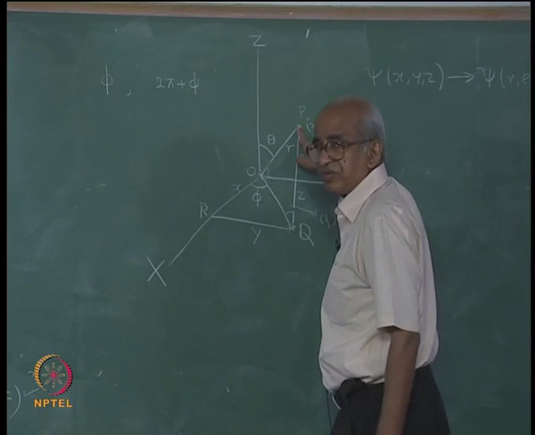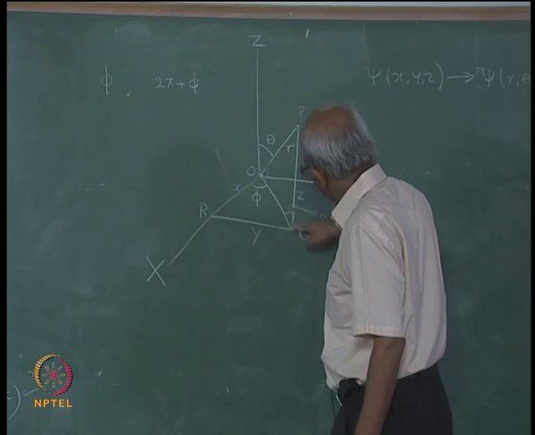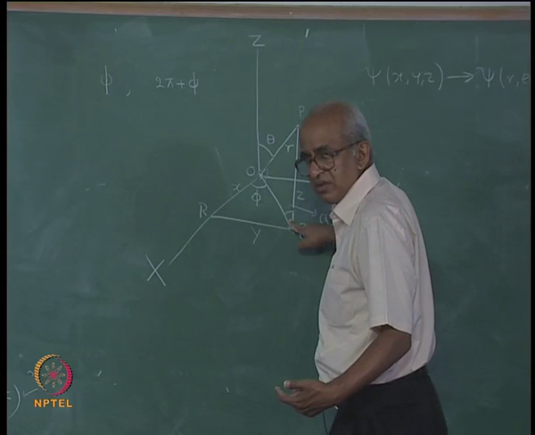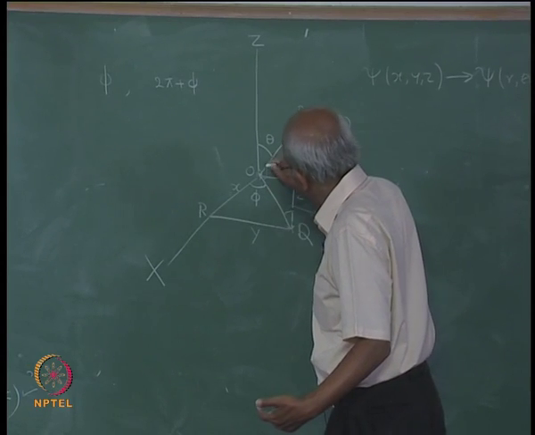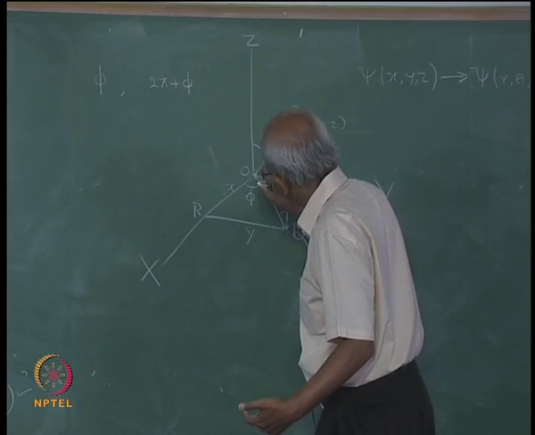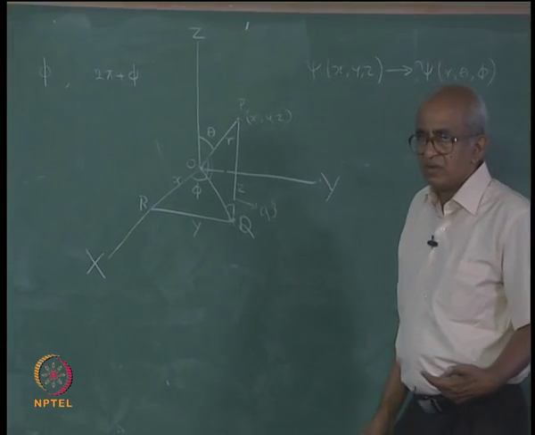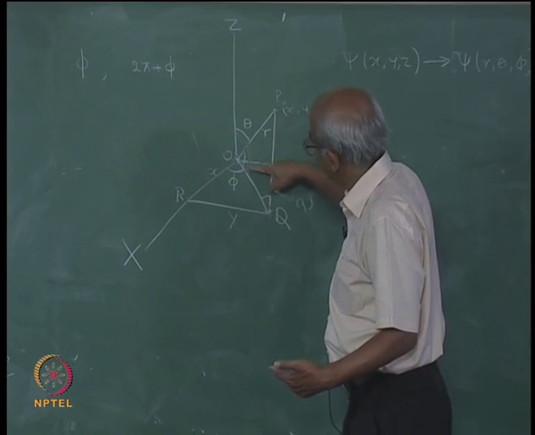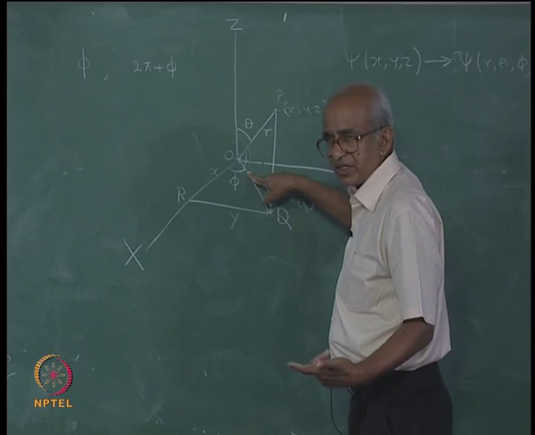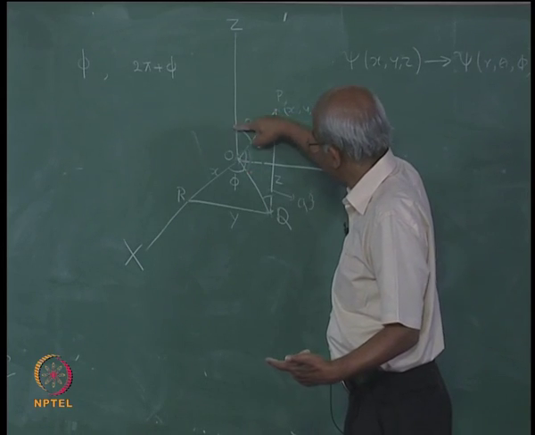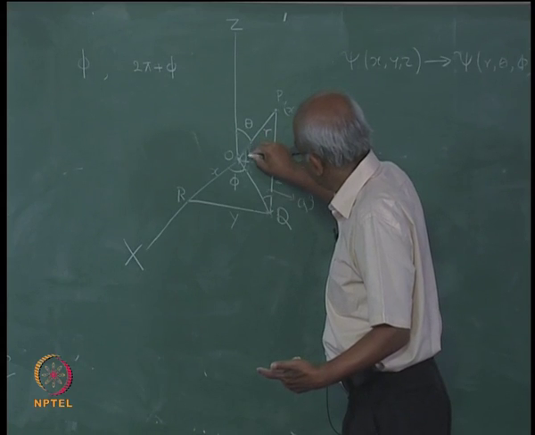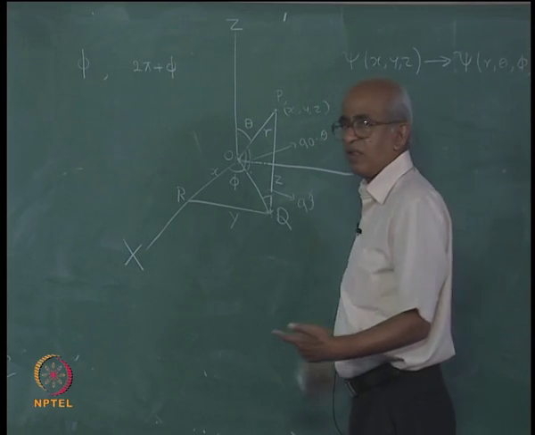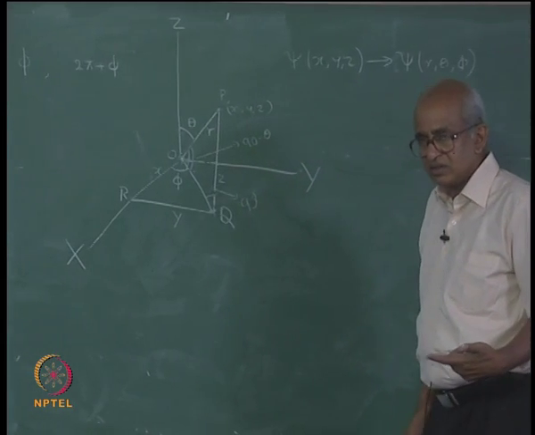R is the hypotenuse of the right angle triangle, and Z, this height, is one of the sides, okay. And how much would this angle be? Well, the entire total angle obviously will be 90 degrees, and this much is only theta, and therefore, the angle that is remaining is actually 90 minus theta, right.